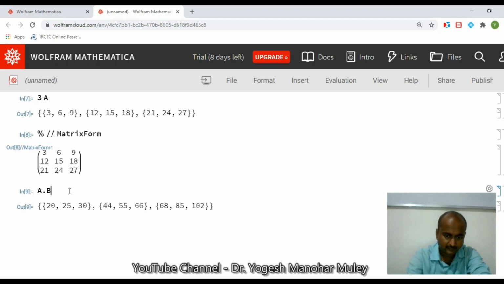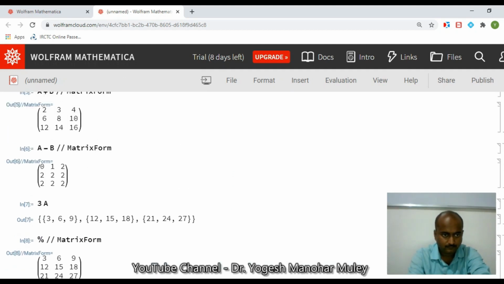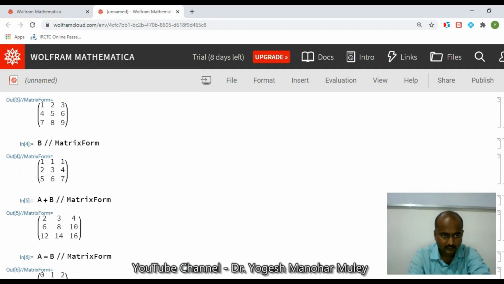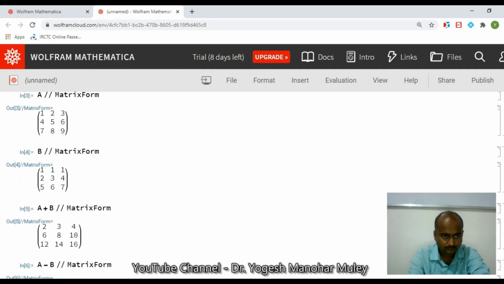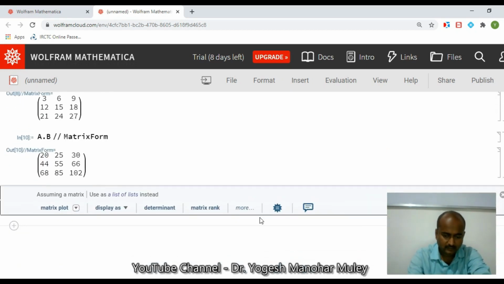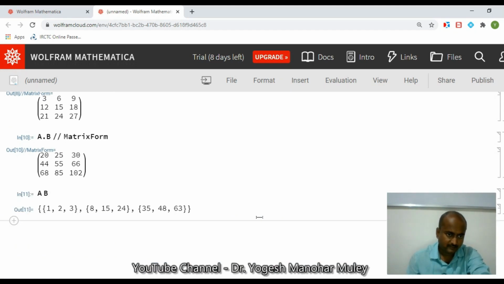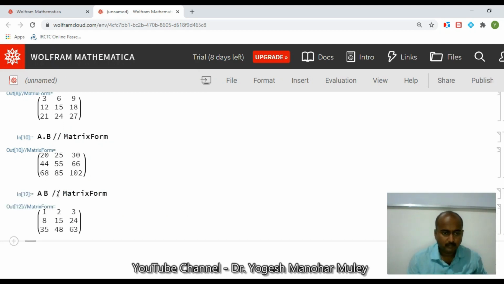I will write here directly double backslash MatrixForm, shift enter, and this gives us the matrix form of A dot B. You can clearly see, okay, it is correct. If we write A space B, this will give us element by element multiplication.